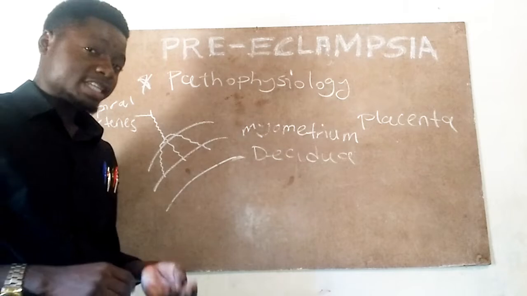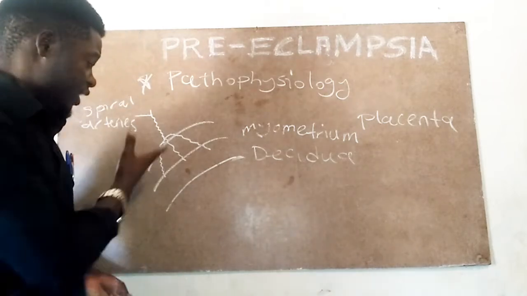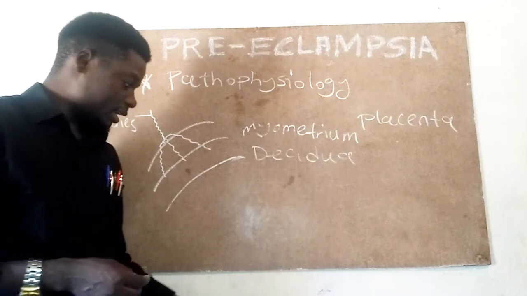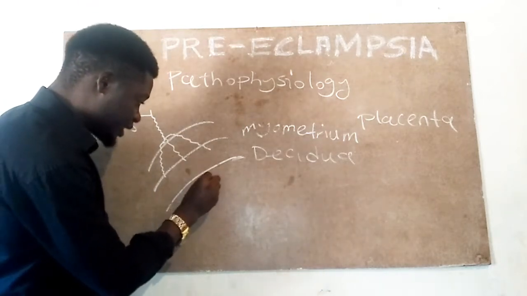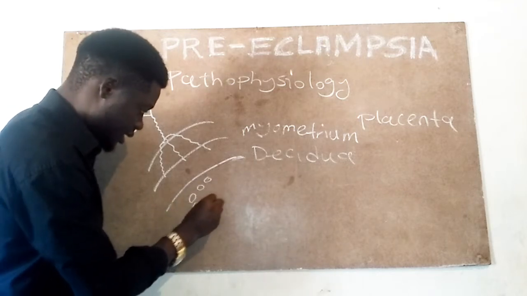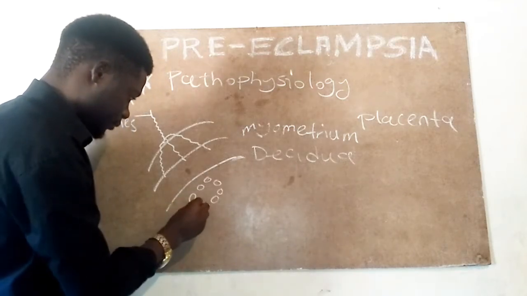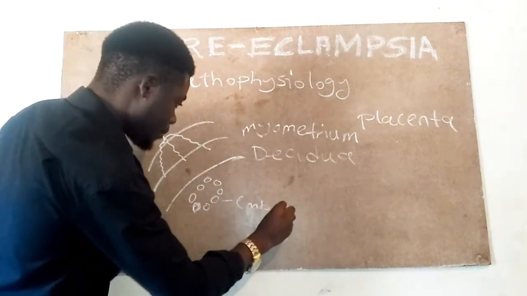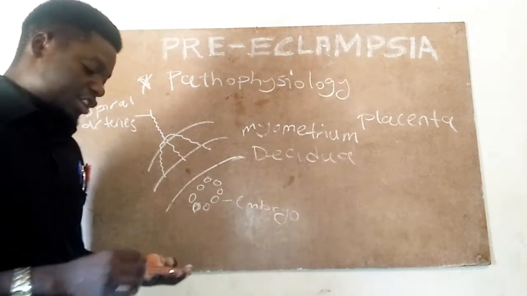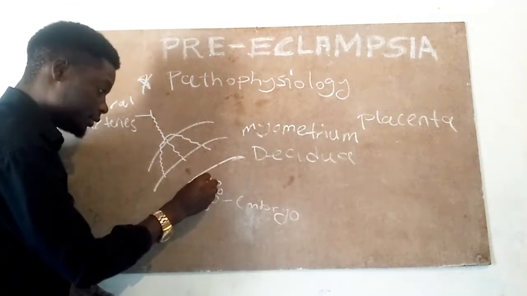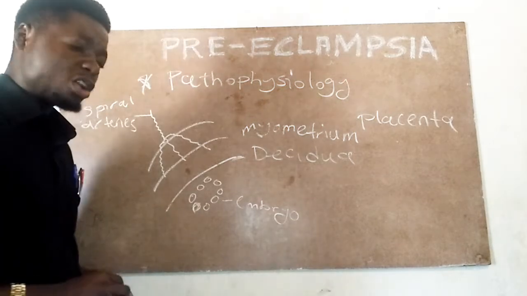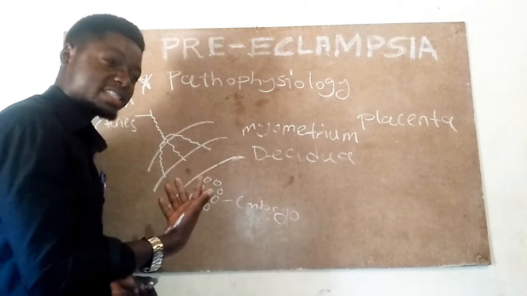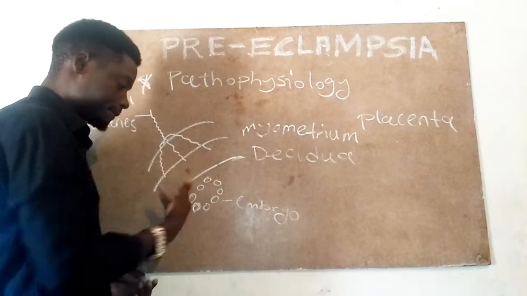Now, under normal circumstances, the spiral arteries have to dilate. Imagine we have the embryo developing here, and the trophoblastic cells are outside. These trophoblastic cells are going to invade and infiltrate the spiral arteries in order to gain access to blood from them.